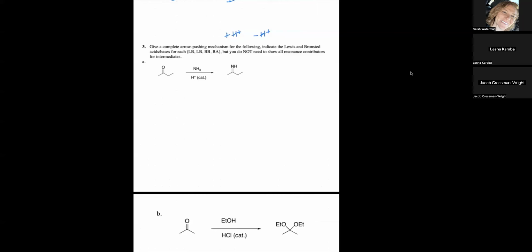So with this, obviously we're going from a ketone to an imine, right? And this is our primary amine, and we have this H plus here. In order to go from one to the other, we have to remove the oxygen and add the nitrogen, but it all has to go step by step.